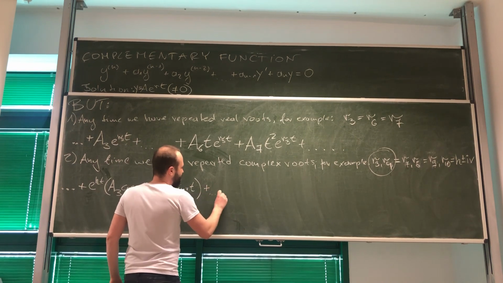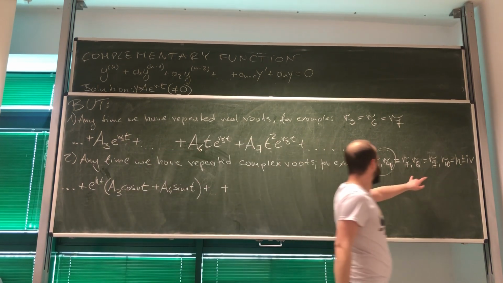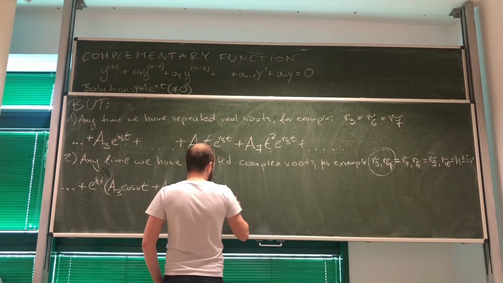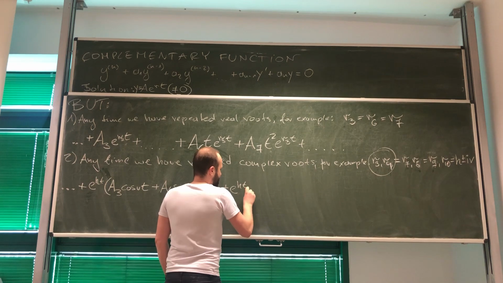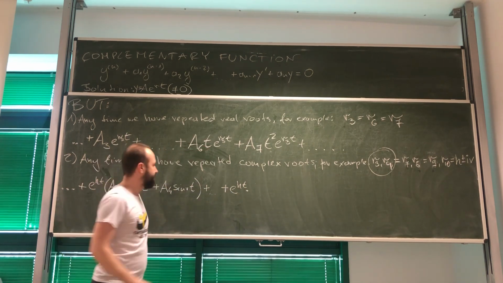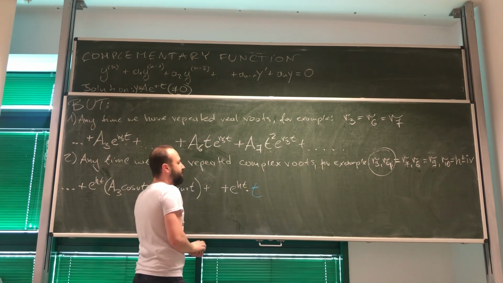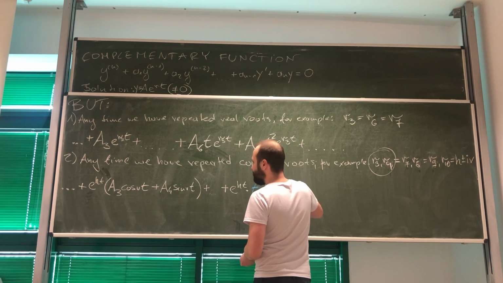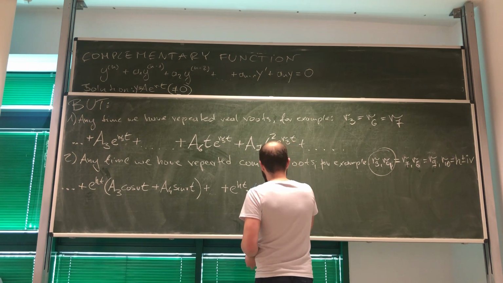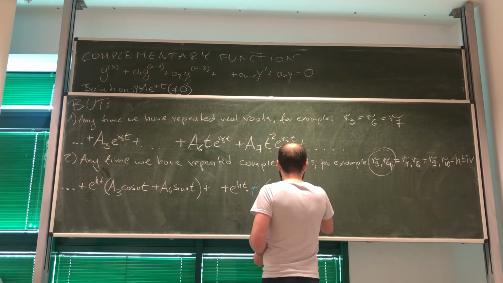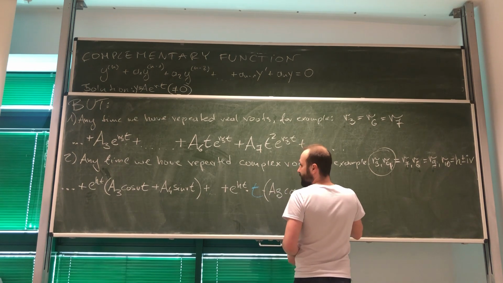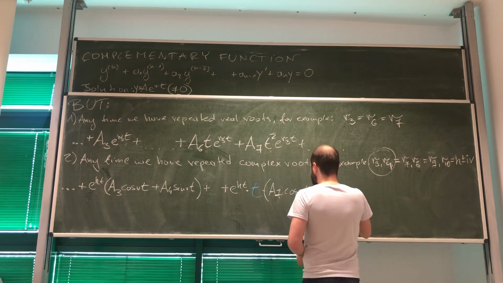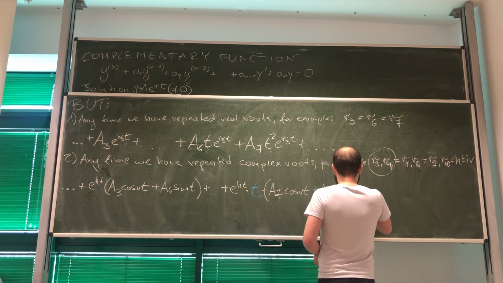Then we've got some other roots, and then we go back to those roots. The trick is to simply rewrite the same expression and multiply it by t as before. So we will have a7 cosine vt plus a8 sine vt.